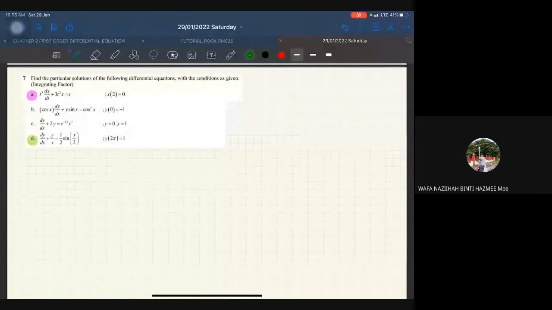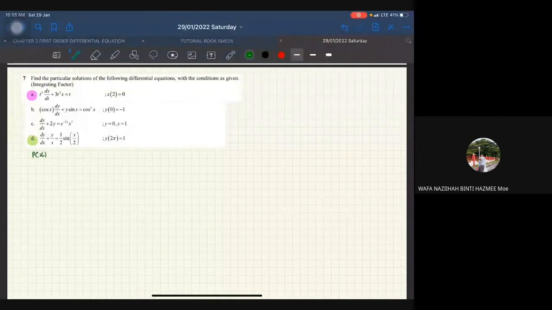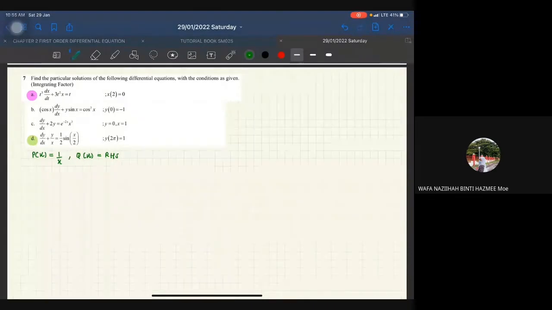Okay, betul. So it is in standard form already. Right? So your Px is 1 over x. Okay, and then your Qx is everything on the right hand side. So saya tulis right hand side je sebab saya malas. Okay, dia awak tulis satu-satu. Jangan tulis right hand side.